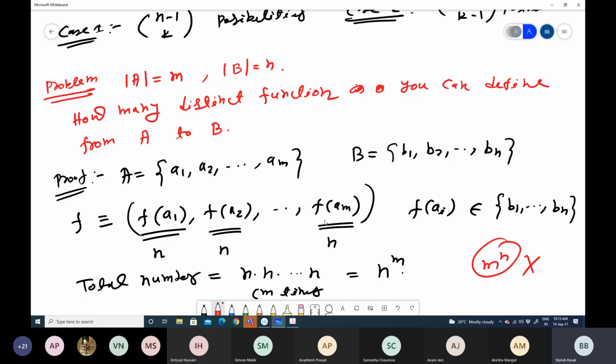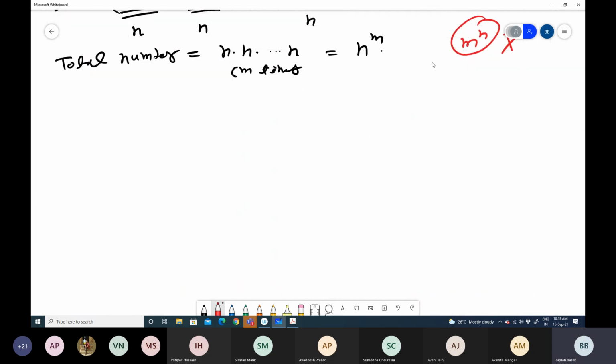Now, if we modify it a little bit, another problem: again, this is m, this is n, so that means they are finite sets.